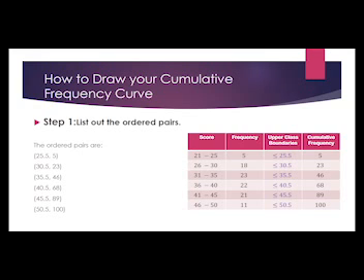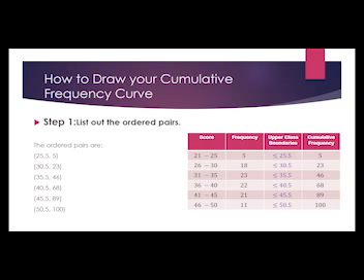So the pairing up of the points now, like I said, we're pairing up the upper class boundary with the cumulative frequency. So 25.5, 5; 30.5, 23; 35.5, 46; 40.5, 68; 45.5, 89; and 50.5, 100. These are the ordered pairs which I'm going to be using to create my cumulative frequency curve.